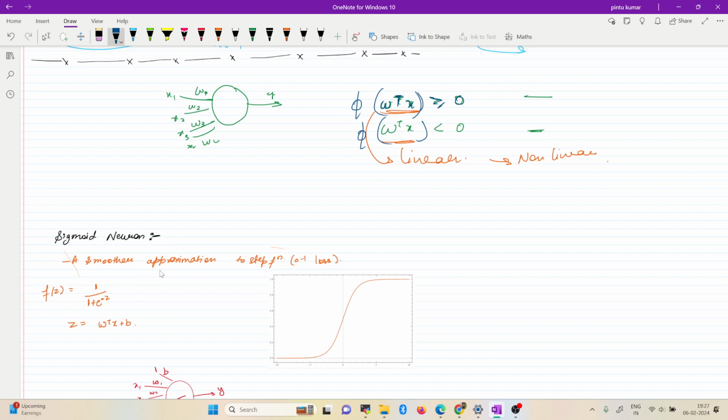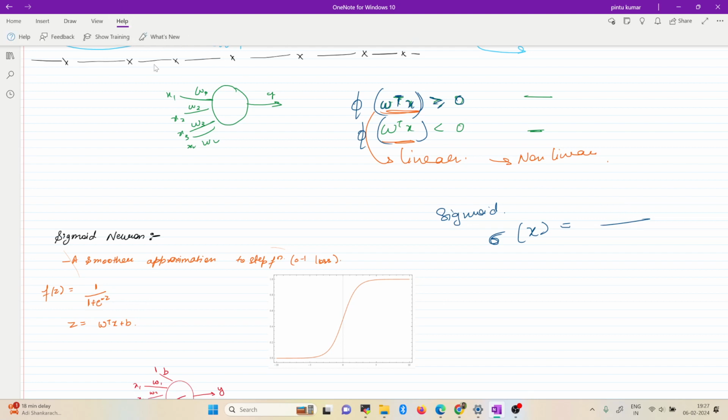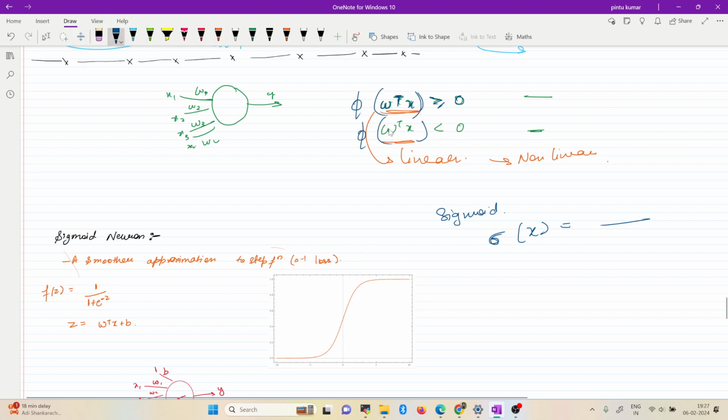One such possible function is known as the sigmoid function. The sigmoid function is generally represented by sigma, and sigma of x is given by 1 upon 1 plus e to the power minus x.